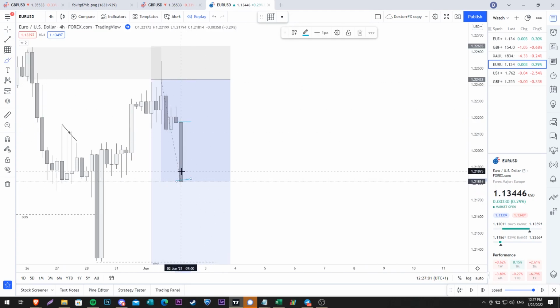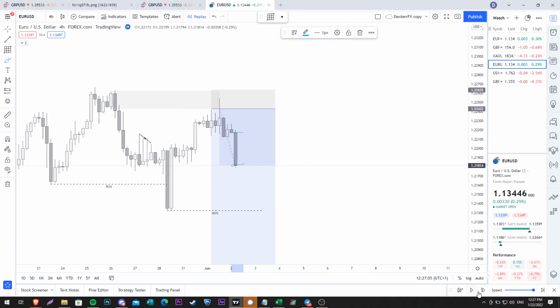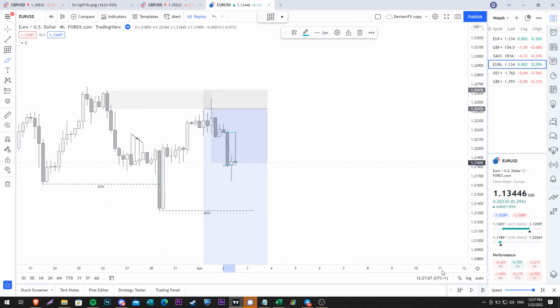So here it's an imbalance area in the price, and as we see, price comes back and mitigates all of its imbalance. The imbalance doesn't need to be mitigated directly. Sometimes the imbalance will be mitigated after 2 or 3 months, but it's a nice indication that you can use to mark your zone.